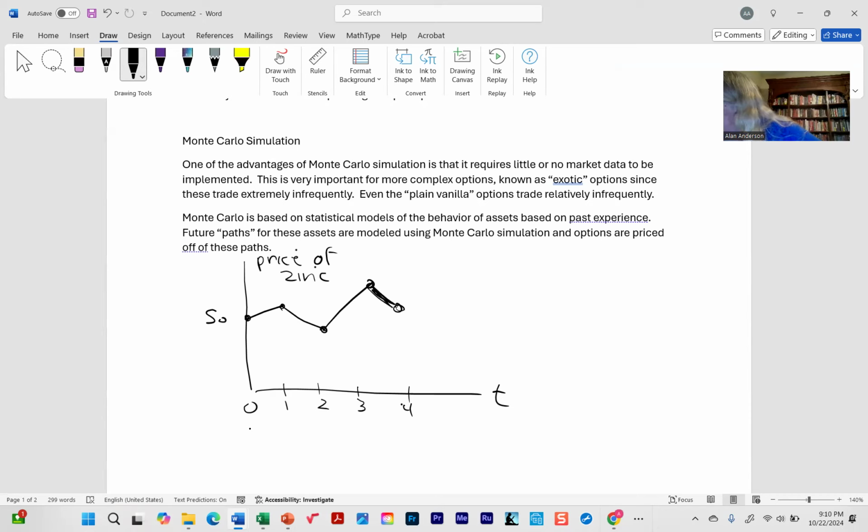Let's say that this option written on this zinc matures at time 5. So this is the price at time 5. We'll call it S5. And let's say this is the strike price, and this is a call.